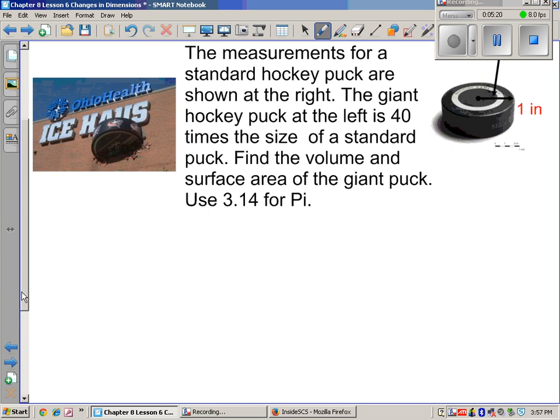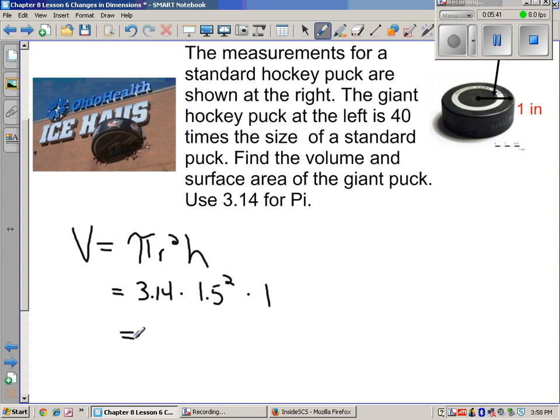We take our volume formula, which is pi r squared h. Pi is 3.14 times our radius of 1.5 squared times our height of 1. Multiply that out, we get 7.065 inches cubed. That's the volume of our standard hockey puck.